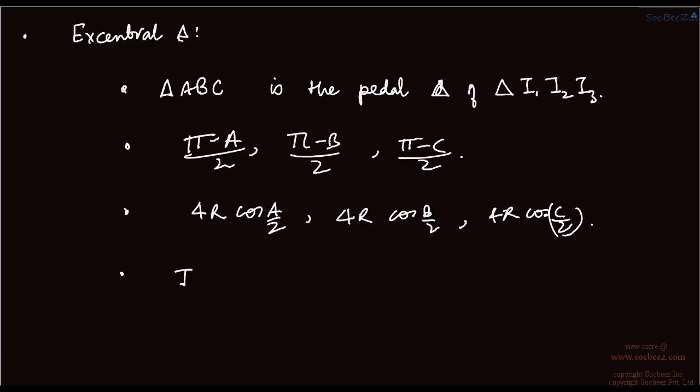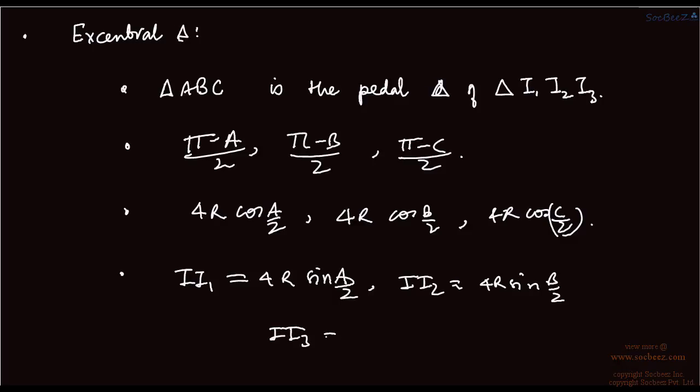Then we have another relation which is I1 is equal to 4R sin A by 2. I2 is 4R sin B by 2, and I3 will be 4R sin C by 2.